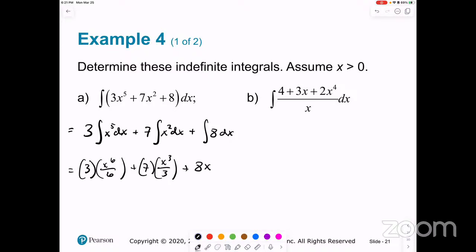And then the c's from all 3 components, we can just sum up as some other constant. And we can simplify this a lot. So that's going to be x to the 6 over 2 plus 7x cubed over 3 plus 8x plus some constant.